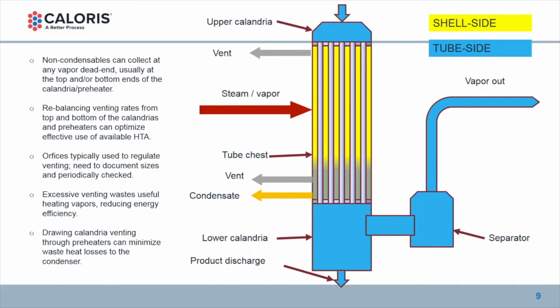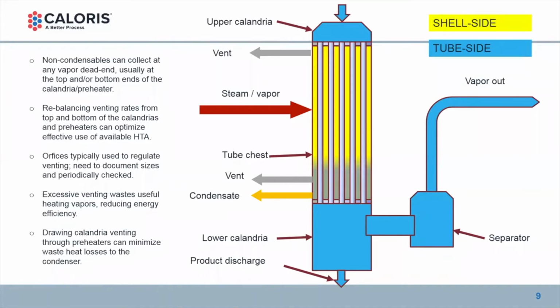But you do need to document what orifice size works best. Make sure that is well documented and available for reference, because periodically those lines do get opened, and somebody's got to know what size orifice to put back in there to get it back to design and optimum conditions. And it is important to periodically check those.